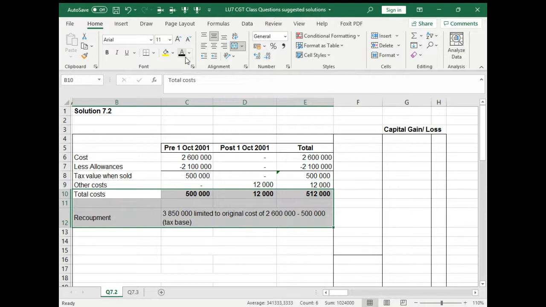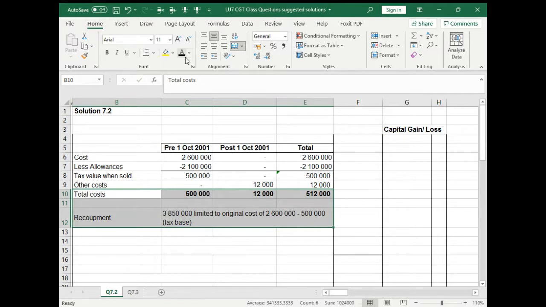Then you deduct the tax value, so the carrying amount at the stage you dispose of it. Okay, so we already claimed 2.1 million, so there is a tax value of 500 left that we haven't claimed yet. So I deduct that 500 from the 2.6 million, which gives me a recoupment of 2.1, which is basically what I've claimed so far.